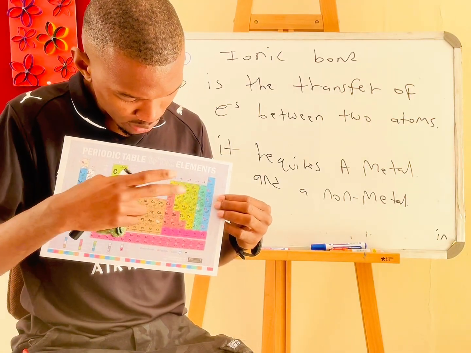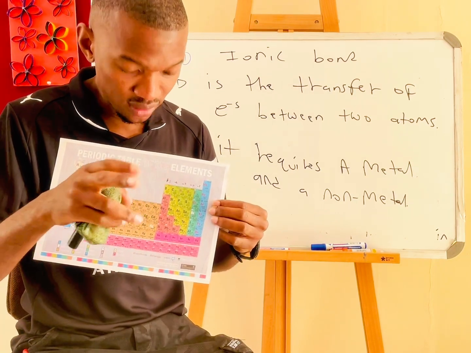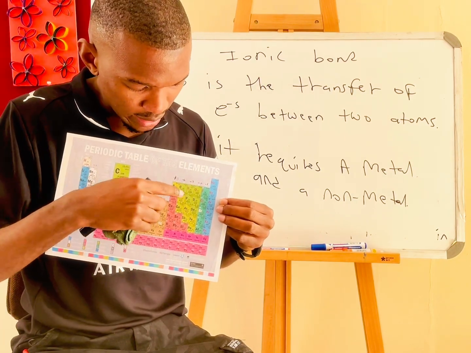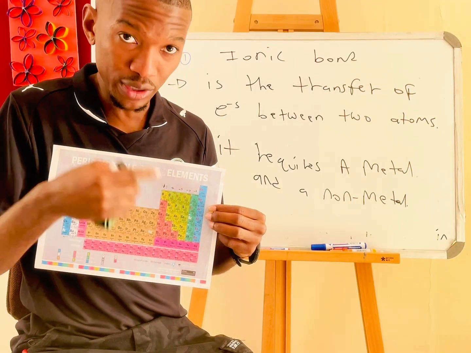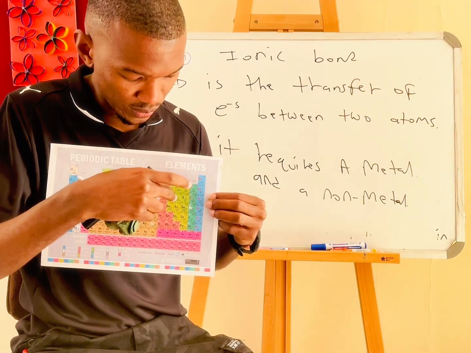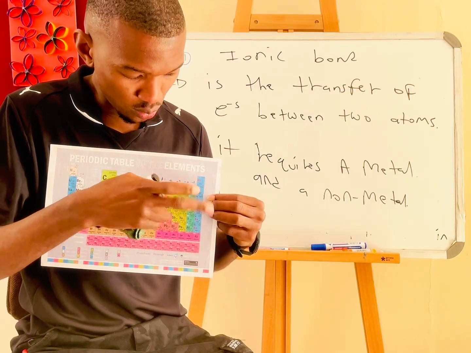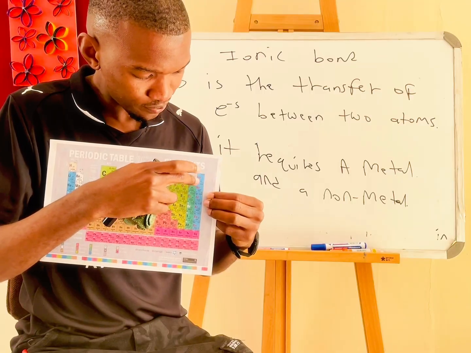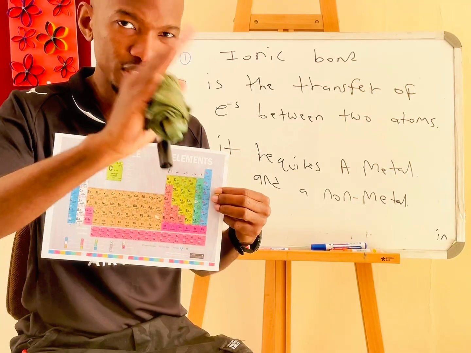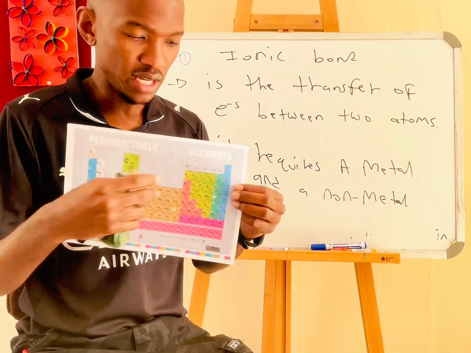Then you have carbon, which is a non-metal. And then group 5, which is nitrogen, phosphorus. Group 6, oxygen, sulfur. Group 7, fluorine, chlorine, bromine, iodine, and so on. The last group, group 8, which is group 18, has helium, neon, argon, and so on.